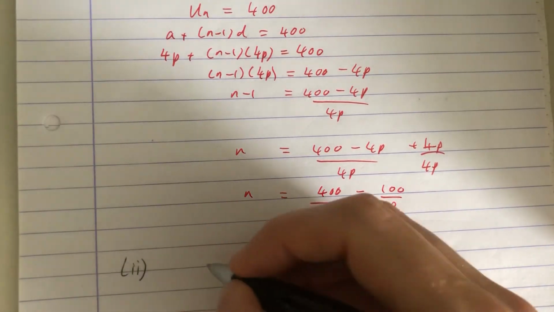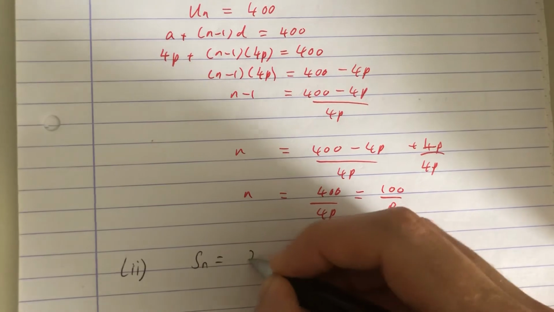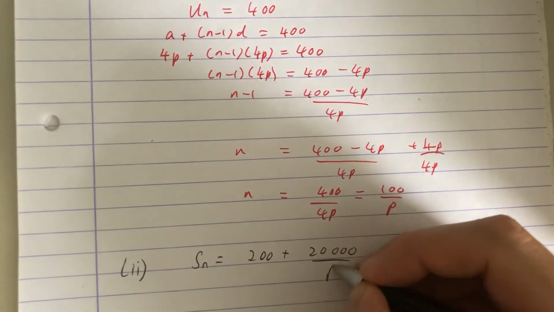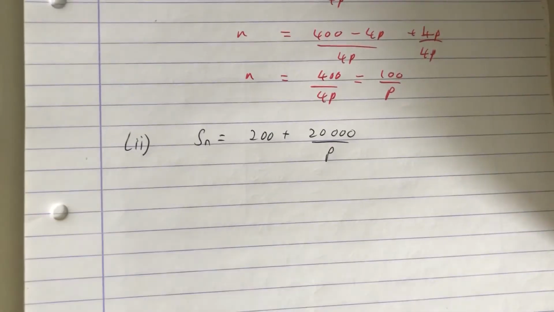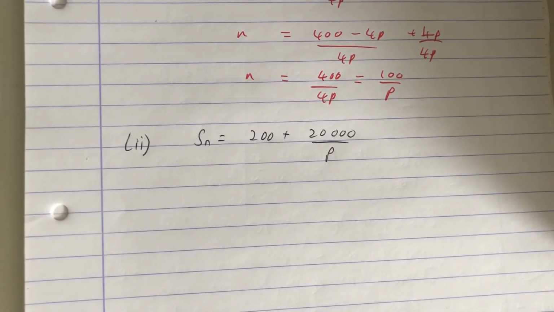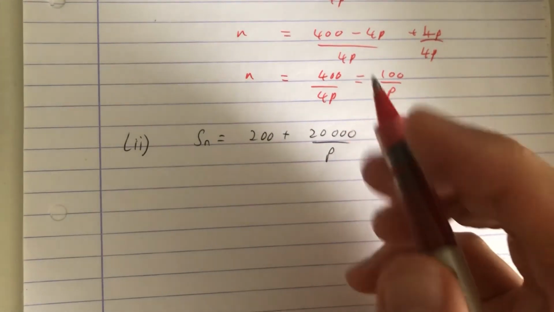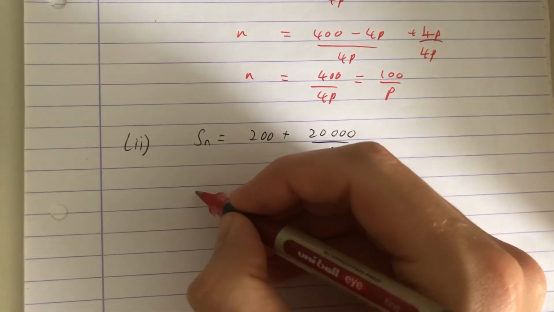is show that the sum is equal to 200 plus 20,000 over p. It's an arithmetic sequence. If you remember, the arithmetic series has two different sums.